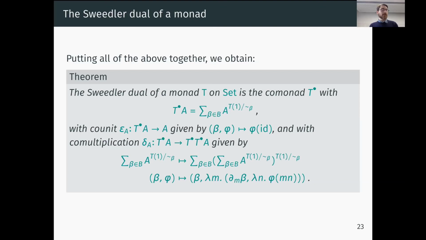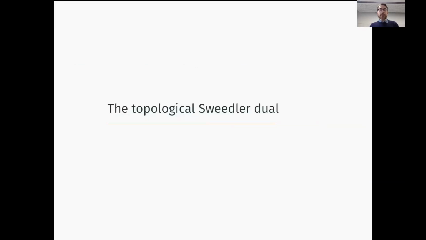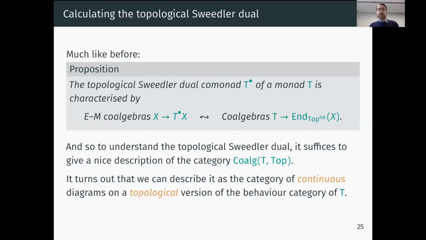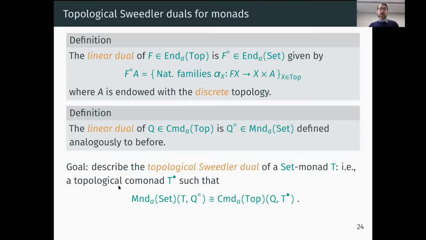So yeah, I find it very surprising that you can do this in such a concrete way. All right, so I said that if I had time, I'd talk about the topological case, and I clearly don't have time, so I'm not going to talk about it, except to tell you that there's a version of this, a sort of Sweedler duality between monads on set and comonads on topological spaces.